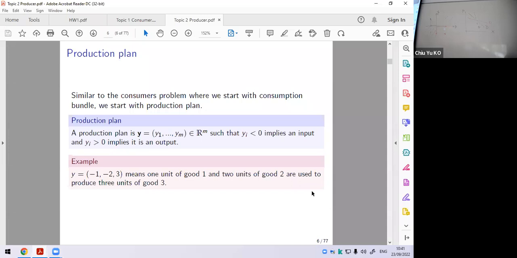It's a closed system, so it has to go one way or the other. So if we have a vector, here good 1 and good 2 will be the input, and good 3 will be the output. You take 1 unit of good 1 and 2 units of good 2, then you can produce 3 units of good 3.